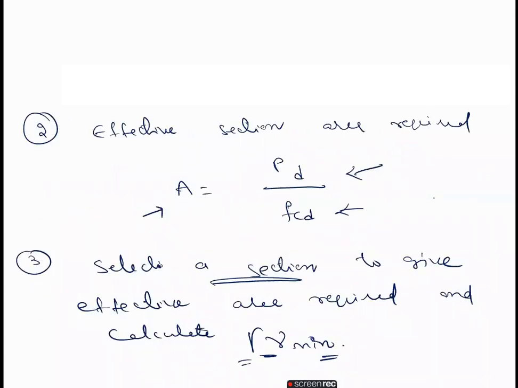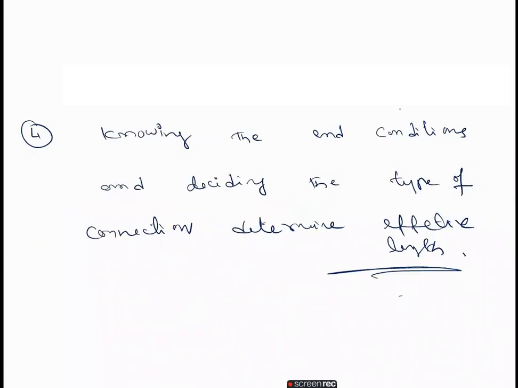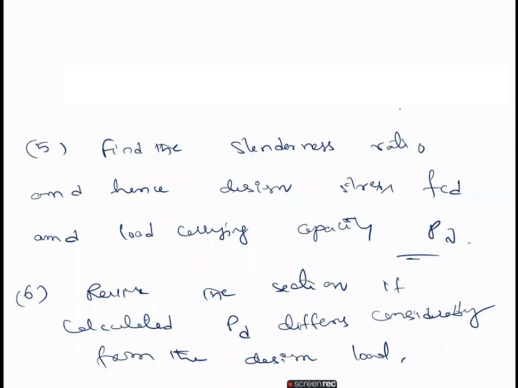Second, calculate the effective sectional area required. Based on that area, select a section from the steel tables. Once you know the end conditions, determine the effective length. Then calculate the slenderness ratio, and calculate PD and FCD again. If it is not satisfied, revise the section and calculate PD and FCD values again. This is the design of compression member procedure.